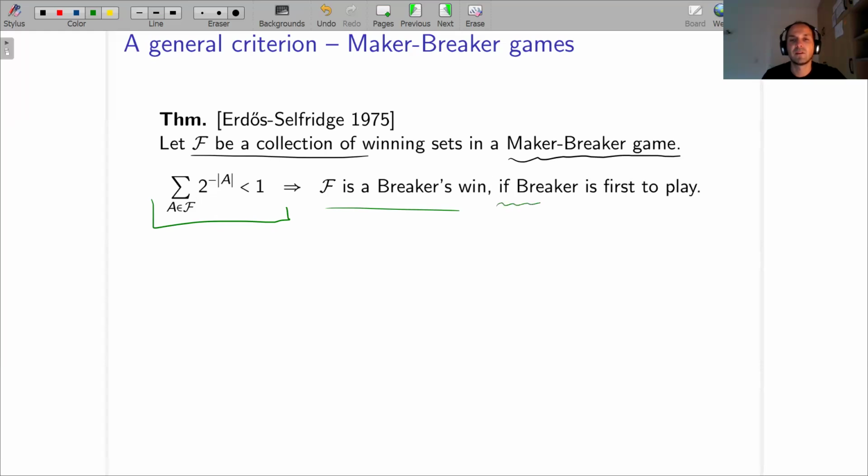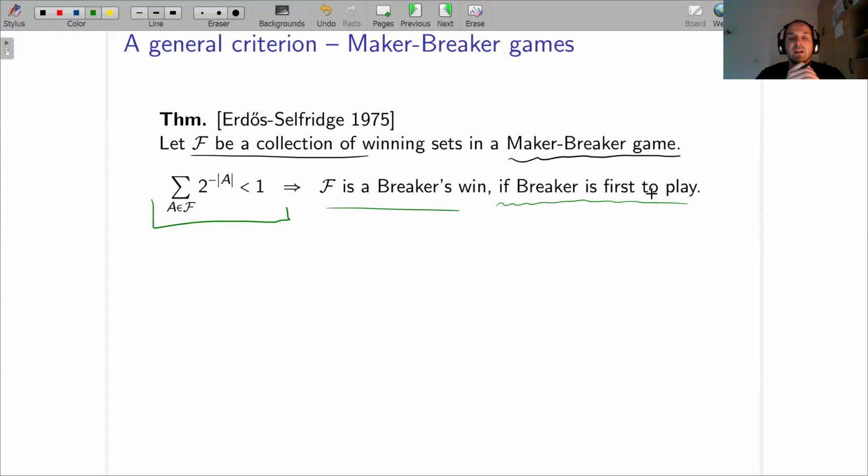There's one note that in this theorem, breaker is first to play. That is technical. We also have a variant where maker is first. I will discuss it later, but I think it's smoother to first look at the case when breaker is first to play. So this is a very nice theorem. It's fairly general. Actually, this is one of the most applied general criteria in positional games.